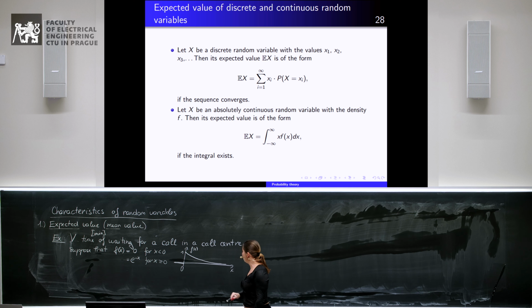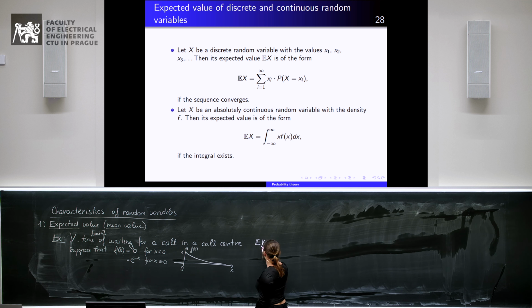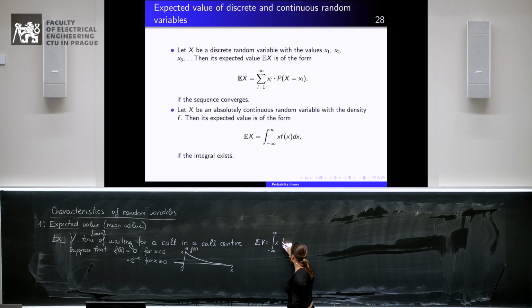So let's suppose that this is the density, the probability density of the random number describing the time of waiting for a call. The expected value of V is the integral from minus infinity to plus infinity of x times the density dx.